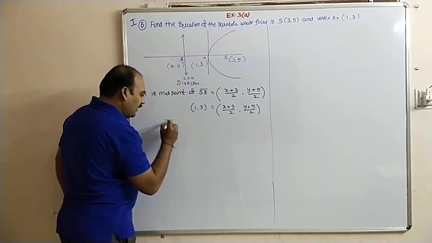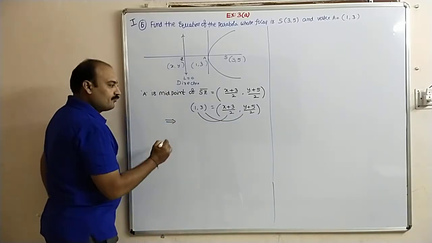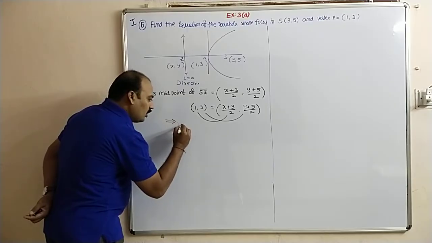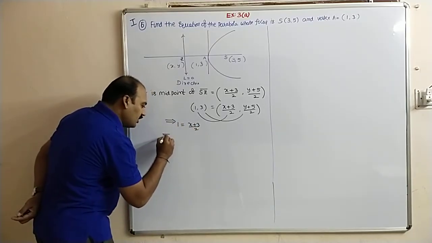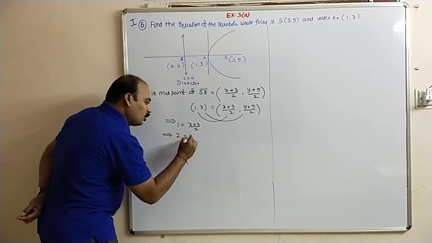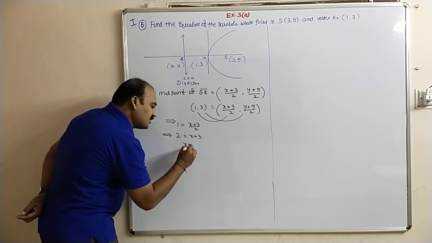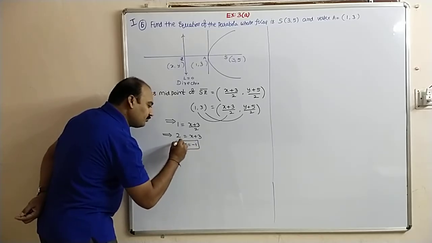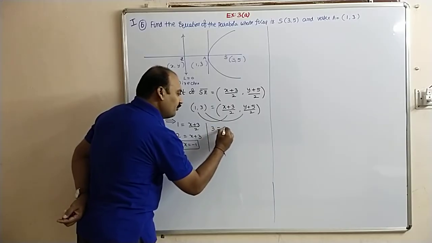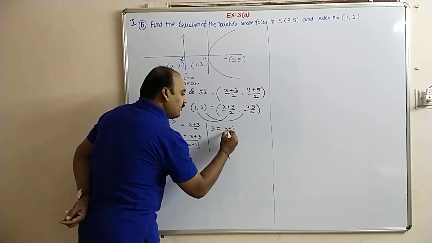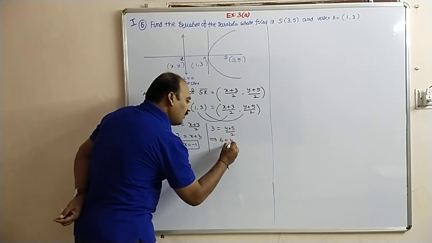By equating x coordinates and y coordinates, 1 equal to x plus 3 divided by 2. Cross multiply, 2 equal to x plus 3, therefore x is equal to 2 minus 3, which is equal to minus 1. Similarly, for y coordinates, 3 equal to y plus 5 divided by 2, cross multiply, 6 equal to y plus 5.